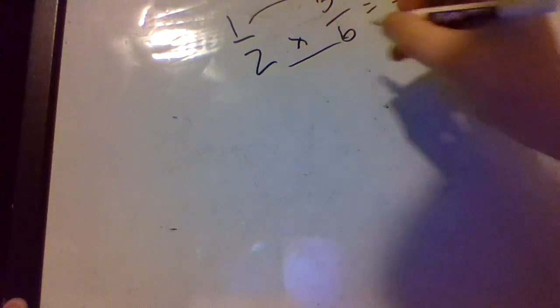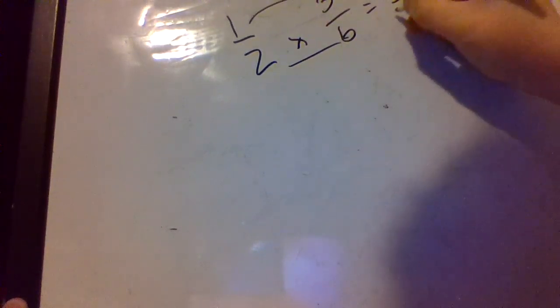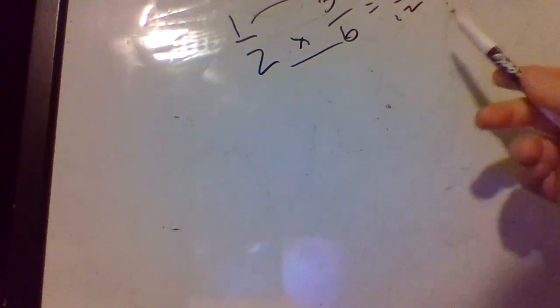So 1 times 5 is 5. And 2 times 6 rather is 12. So we're done with that problem. Actually, we're completely done because we can't reduce 5 and 12. All right, so pretty easy, guys, right?